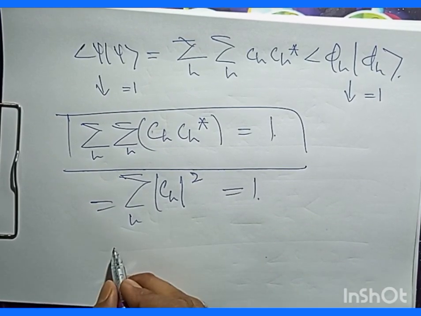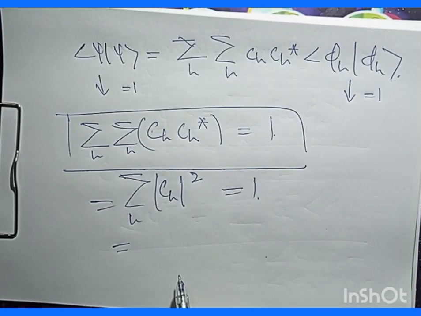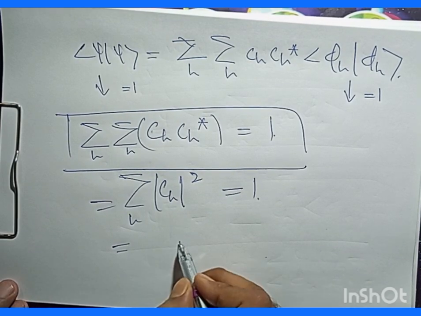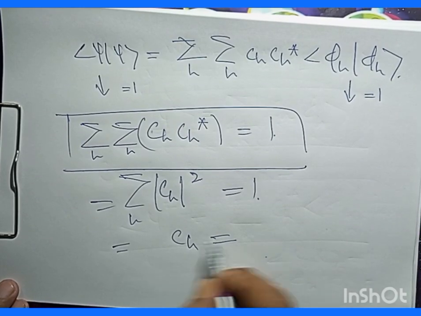So what does that mean? That means the magnitude of this Cn squared, summed over n, is equal to 1.